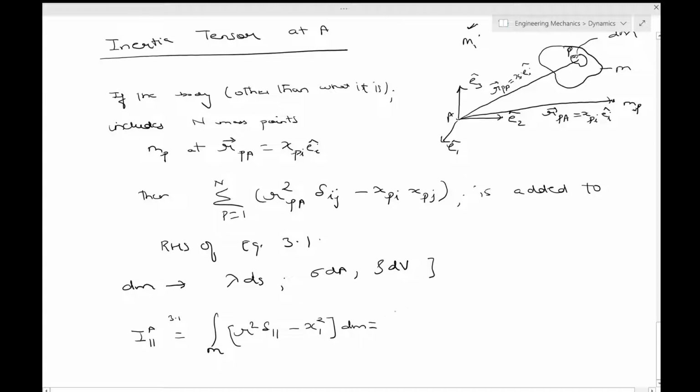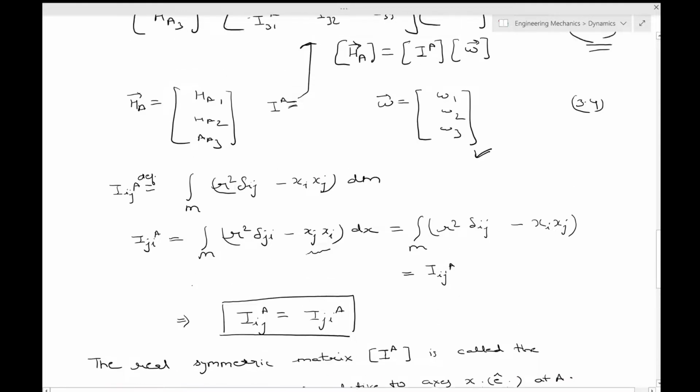This can be written as, remember, r square equals x1 square plus x2 square plus x3 square, and delta 11 is equal to 1, so this would become x2 square plus x3 square, dm.